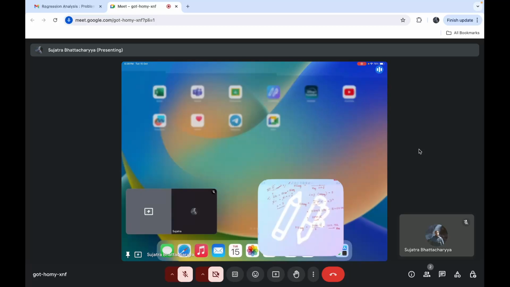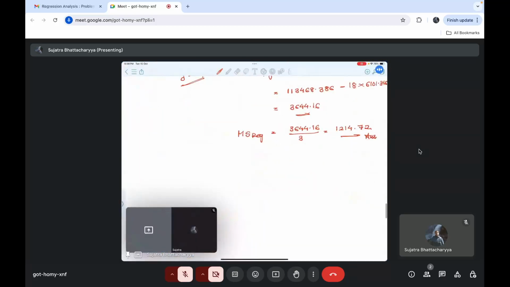Okay, so based on the question, what can we write about the hypothesis? It is given that your SS residual for the model without the cubic term is 1033.08.